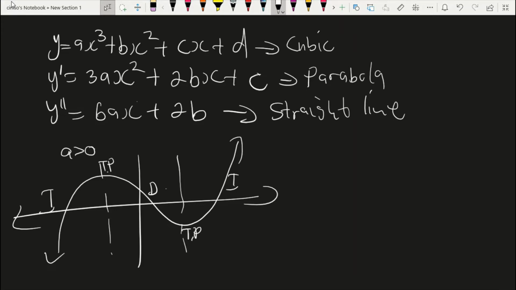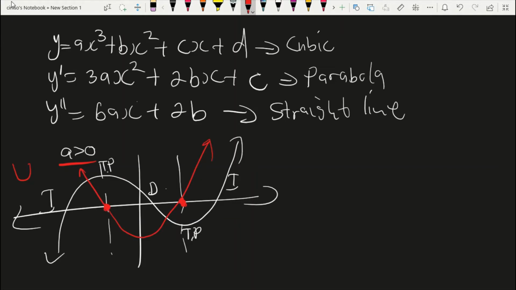Since we have derived the cubic function, and I said we have a parabola which is established from a derivative of a cubic function, then what you need to know is that at the x values of the turning points, you will have the x-intercepts of your parabola, and since your a value is greater than 0, that means your parabola will be a smiley face. So it's going to look more like this, passing through the intercepts.